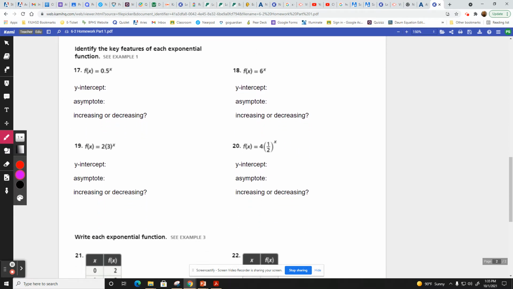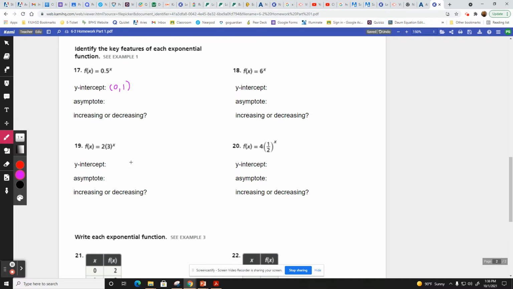Okay, key features, we talked about these. You should know the y-intercept, the asymptote never changes, and remember you look at the b value to determine if it's increasing or decreasing. If I did 17, remember the a value is my y-intercept, so there's no a here, but there actually is a hidden 1, so the y-intercept is (0, 1).